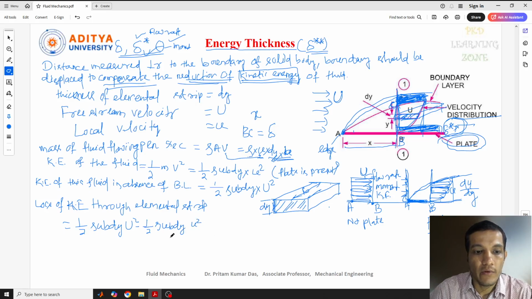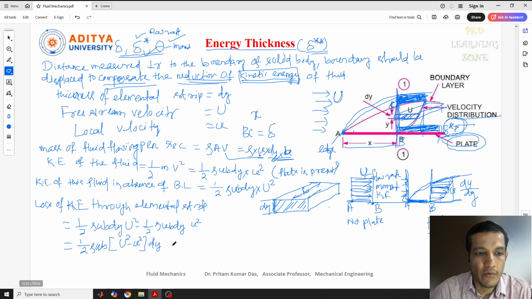If we take half rho u b common, we get half rho U b, bracket, capital U square minus small u square, bracket close, into dy.